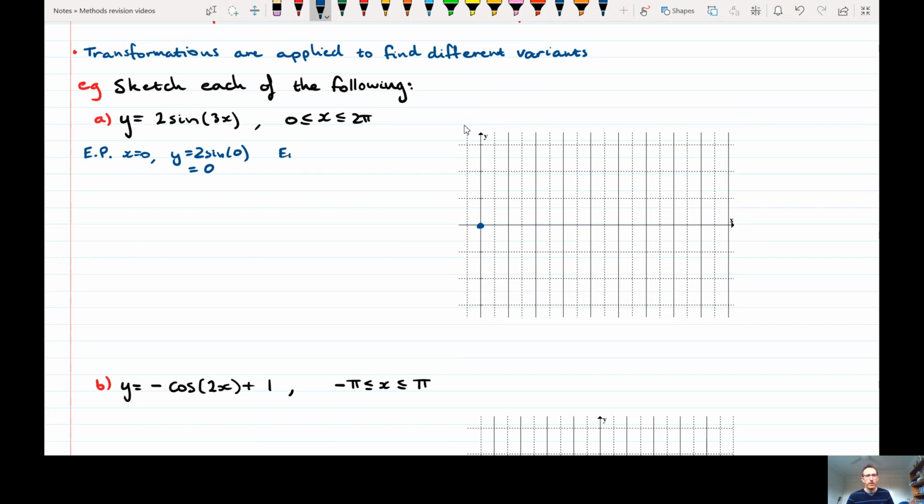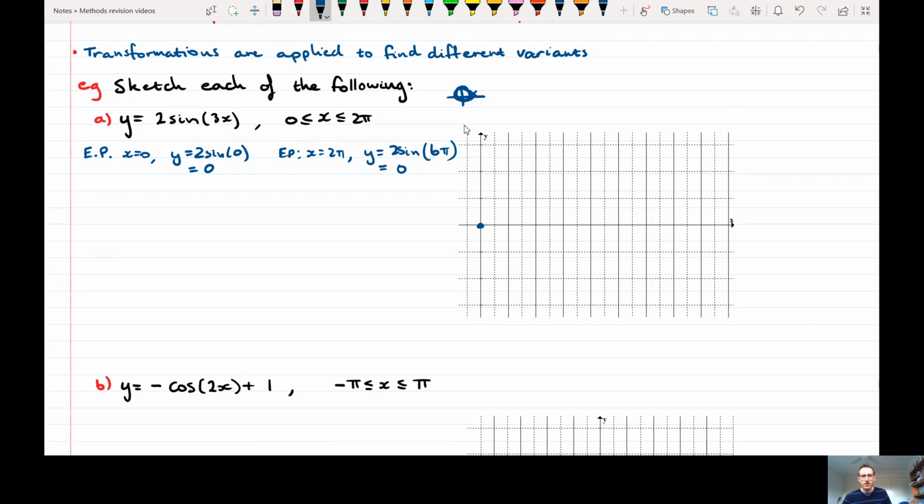The other endpoint occurs at x equals 2 pi. So y equals 2 sine of 3 times 2 pi, which is 6 pi. In our unit circle, that would be 3 full revolutions, which gives you 0 for sine as well.